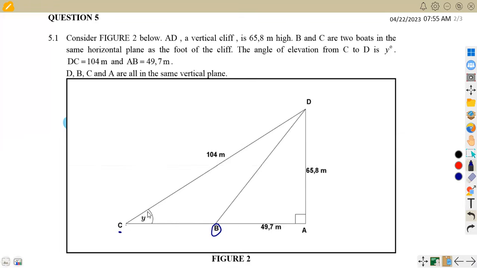So remember, when you are referring to the angle of elevation, that is the angle that you are using to consider a certain point. Let's say you are on a horizontal view normally, and you want to look at the top of a certain pole, maybe a vertical pole or a building, whatever you are referring to.